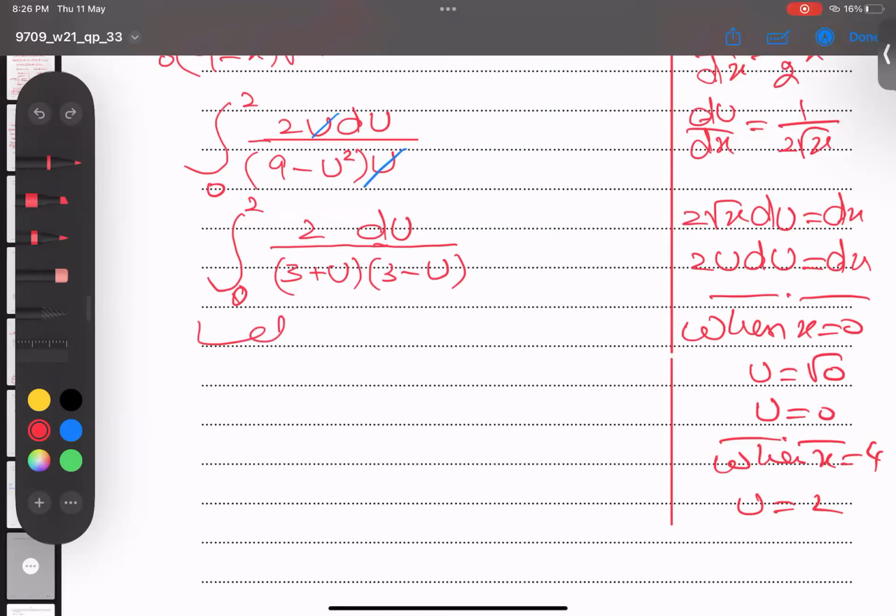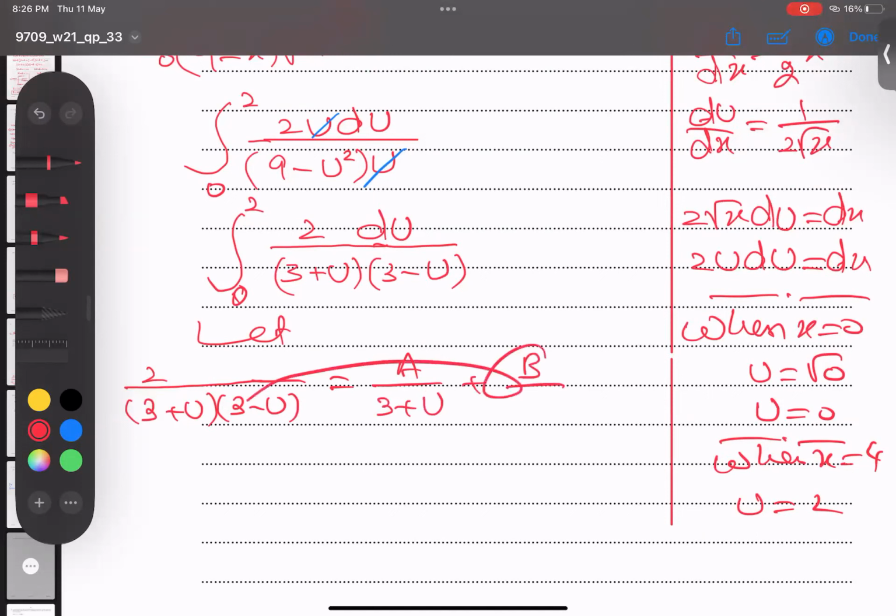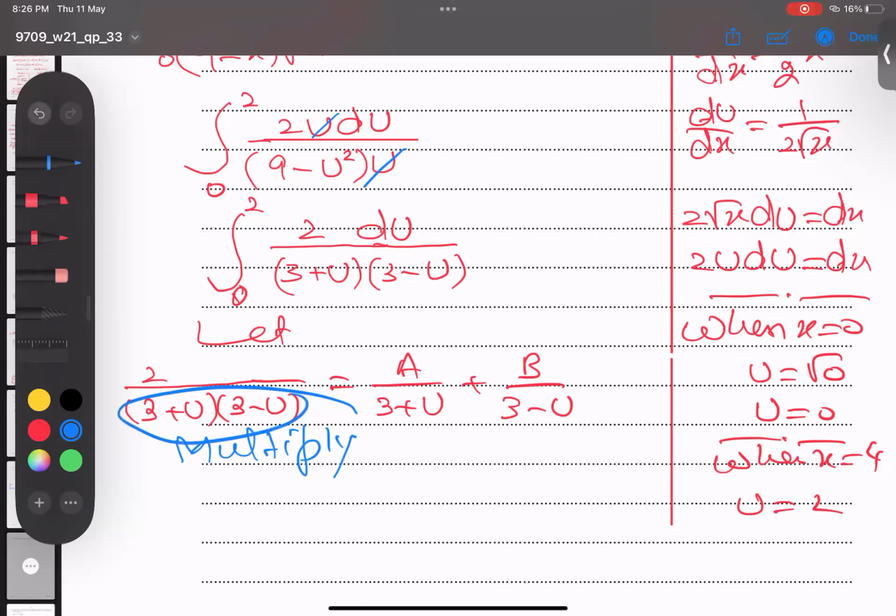So I'm saying 2 over 3 plus u into 3 minus u equals a upon first linear factor plus b over second linear factor, multiplied throughout the whole equation by left hand side denominator.